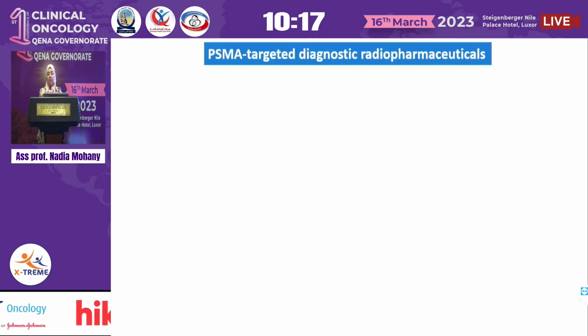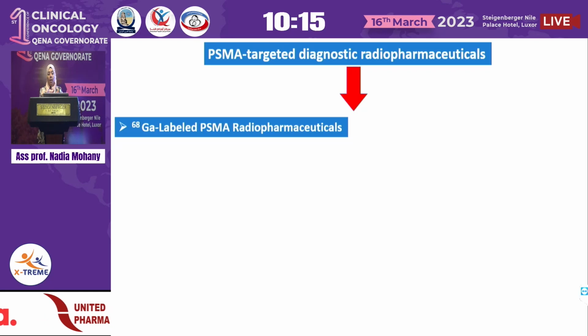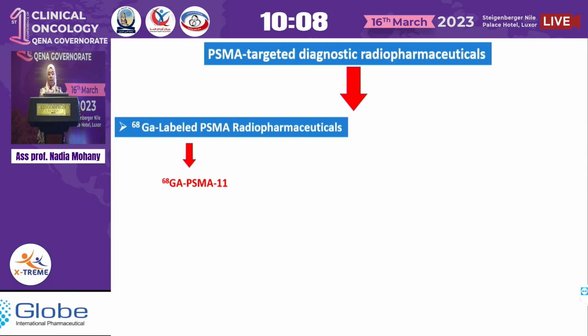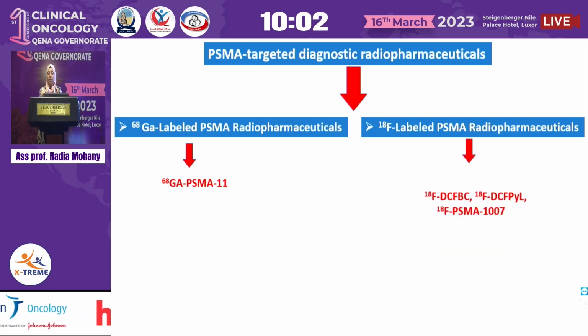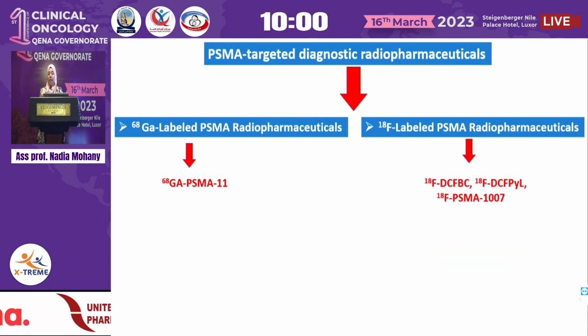PSMA-targeted diagnostic radiopharmaceuticals are either gallium-labeled PSMA, such as gallium 68 PSMA-11, or fluorine 18-labeled PSMA, such as F18 DCFBC, which is the first generation of fluorine-labeled PSMA tracer.